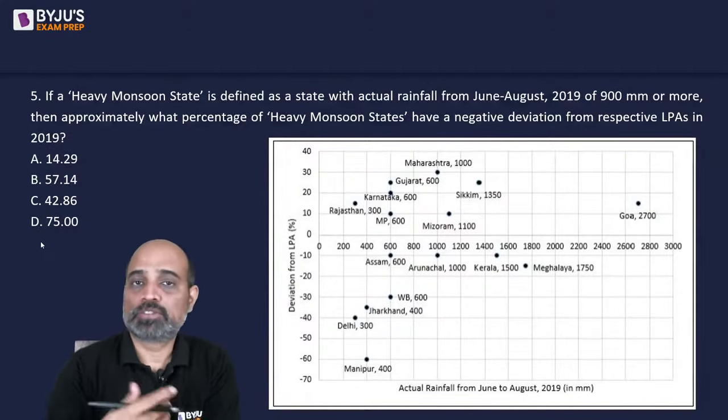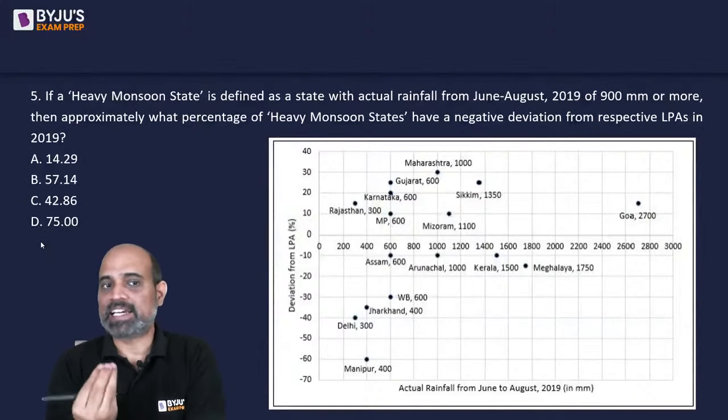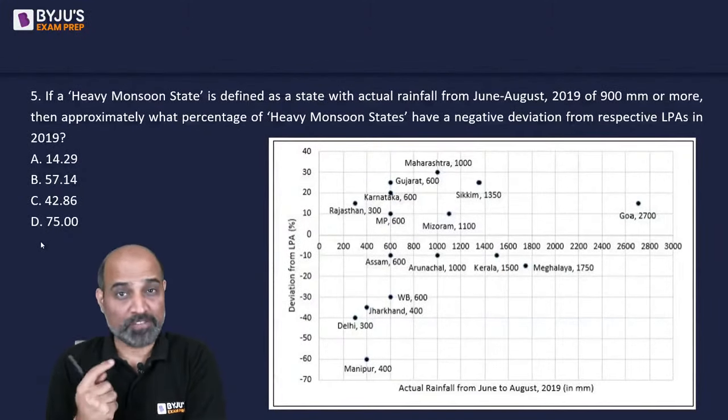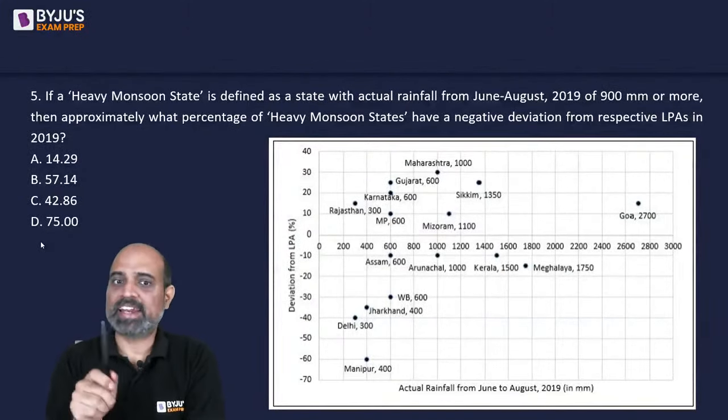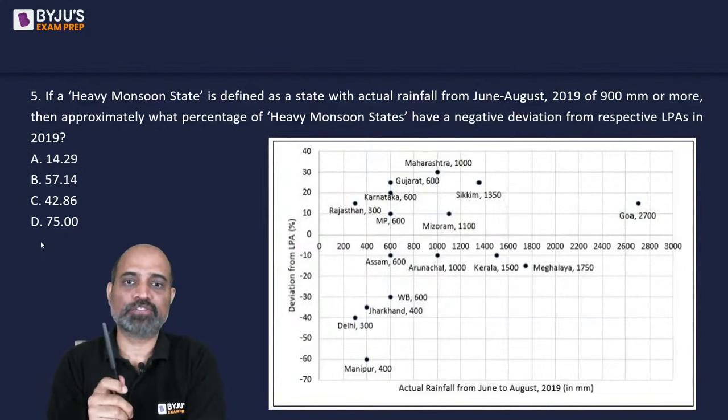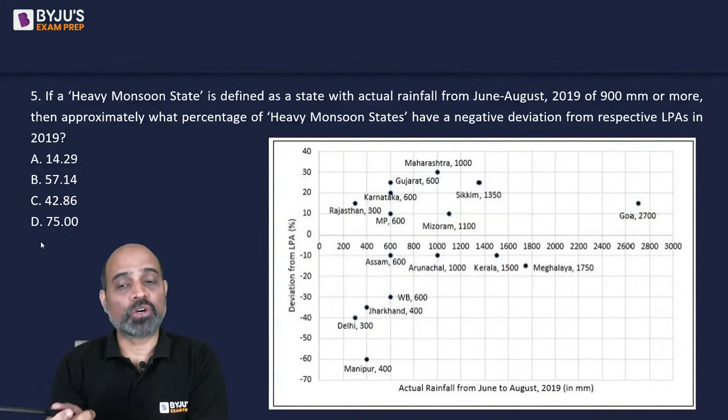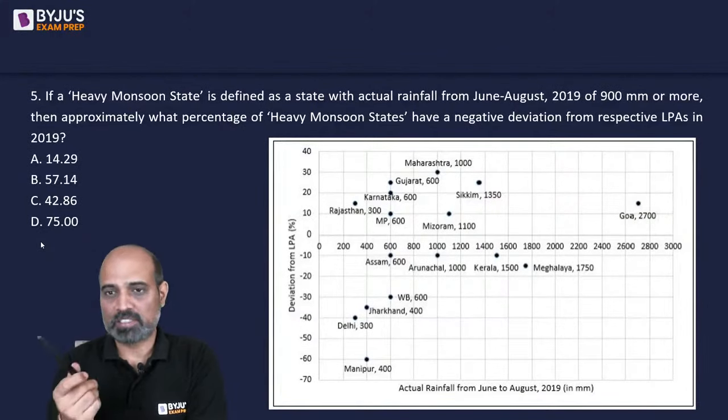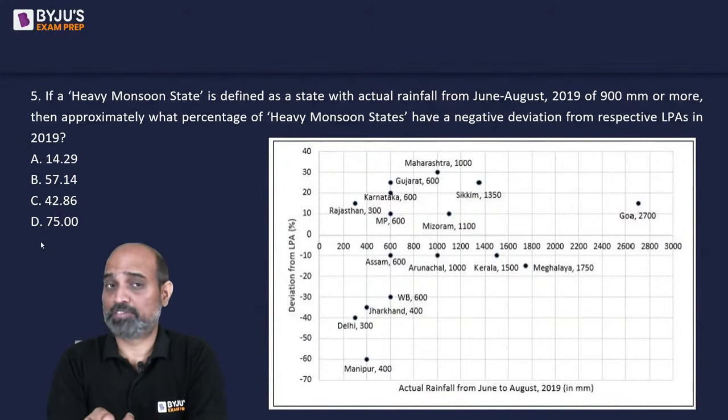So there are two parts to this. First is, let's identify which ones are heavy monsoon states. It's a state that has actual rainfall from June to August, that is the 3 months, in 2019, जो हमें graph given है, of 900 mm or more.